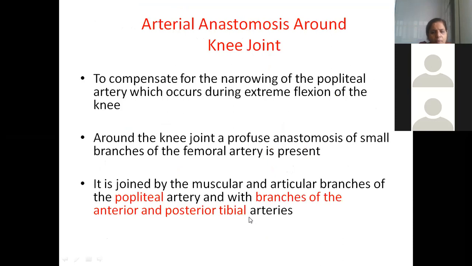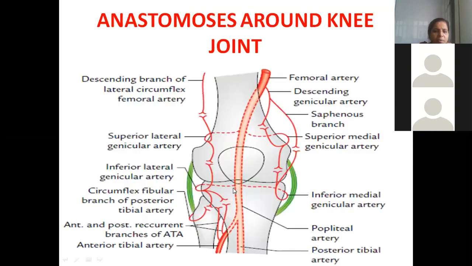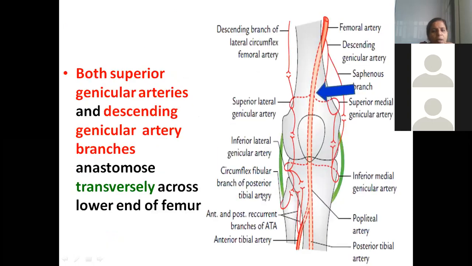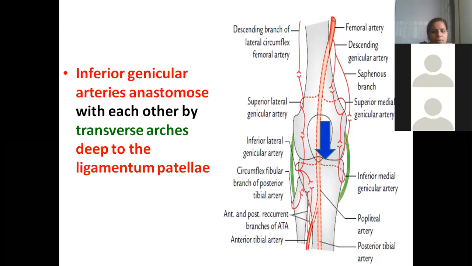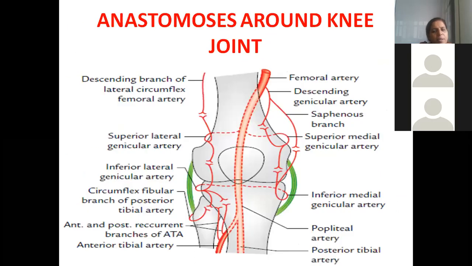Now, coming to anastomosis around the knee joint. We had anastomosis around the elbow joint, isn't it? Similarly, we have certain branches which form anastomosis around the knee joint also. So here you need to concentrate, so many names will be coming. What are the various names which you should know now?